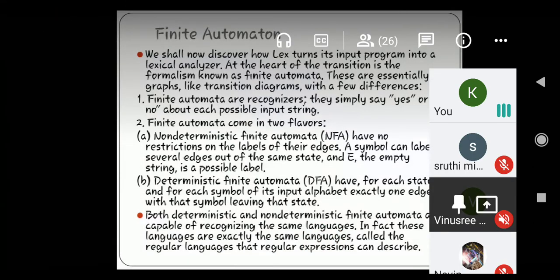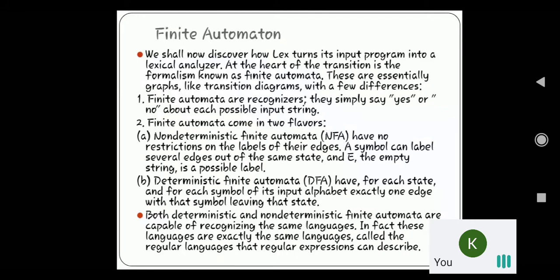That diagrammatic representation we call a finite automaton. The recognizer that we are going to use here is the finite automaton, which is the diagrammatic representation and acts like a prototype for us.